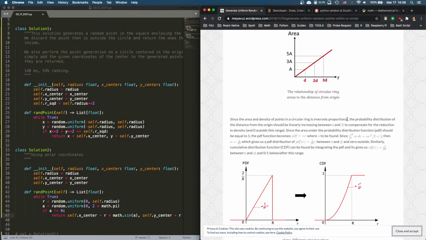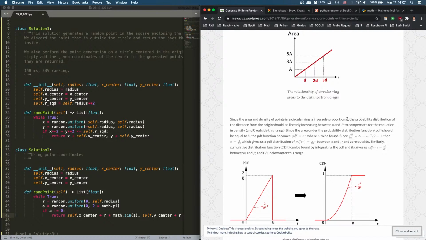The PDF is equal to alpha times R, because we're saying that the probability should be increasing linearly. So we do integration from 0 to R. So alpha R dr should be 1, and this is alpha R squared over 2, with R equals 1. Right, so we know alpha is 2 divided by R squared.